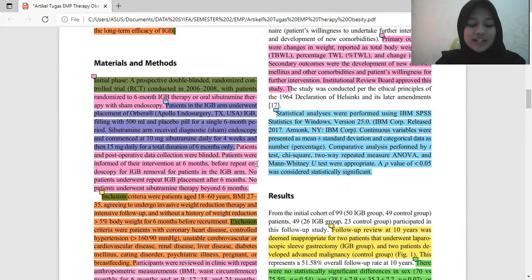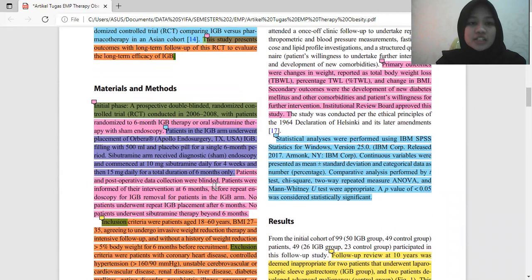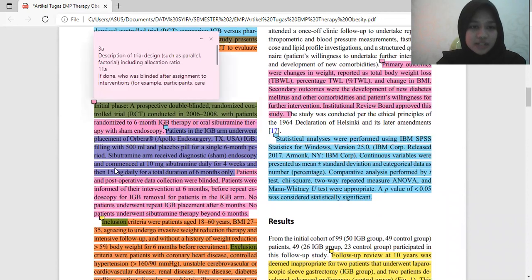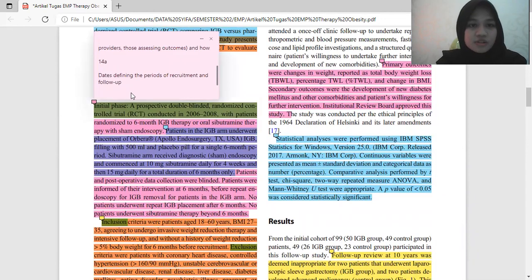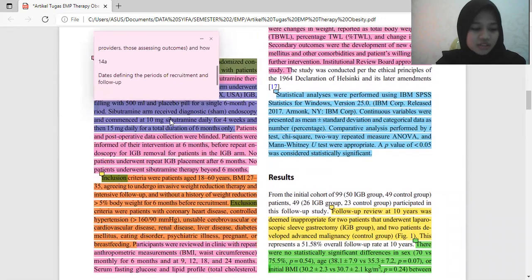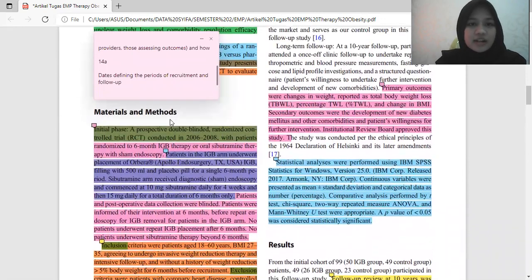It's number 14A: dates defining the periods of recruitment and follow-up. So number 14A is actually in here. It's actually not in the results, but we can see the dates of the recruitment period: recruitment was conducted in 2006 until 2008.